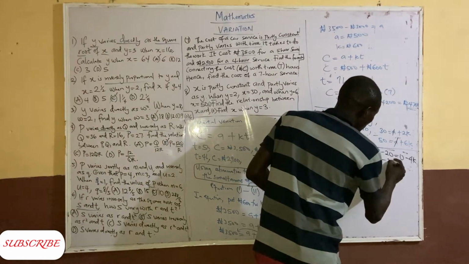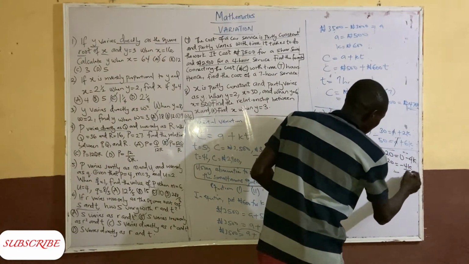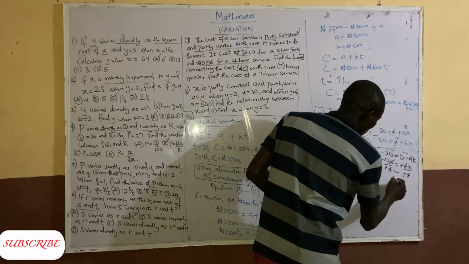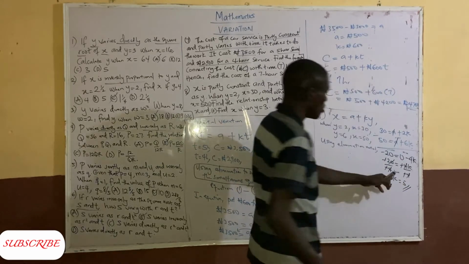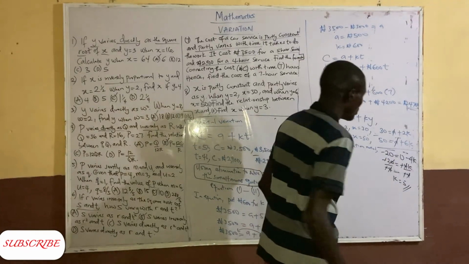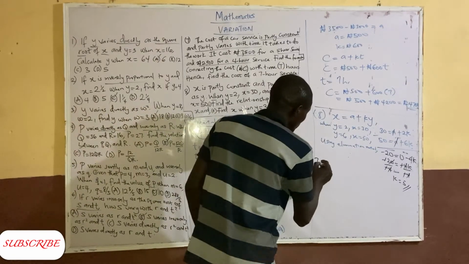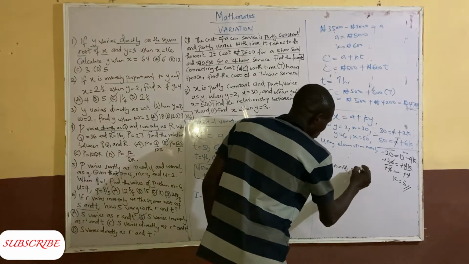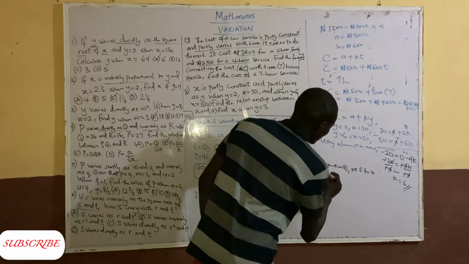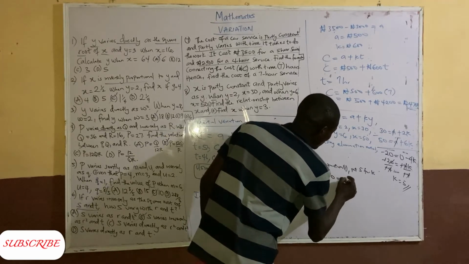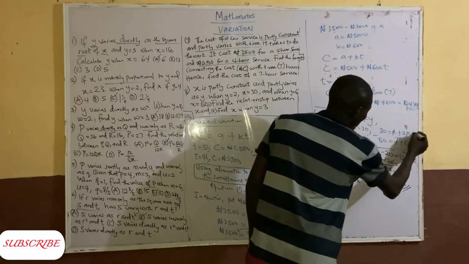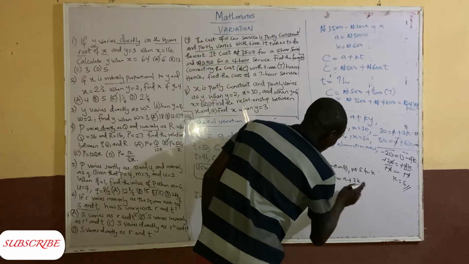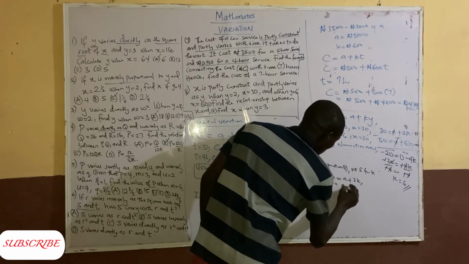So minus 20 equal to minus 4K. Definitely we have K equal to 5, because minus cancels minus, and 4 into 20 is 5. So your K is 5. Now in question 1, put 5 for K. In question 1 it is 30 equal to A plus 2K, so we have 30 equal to A plus 2 into bracket 5.